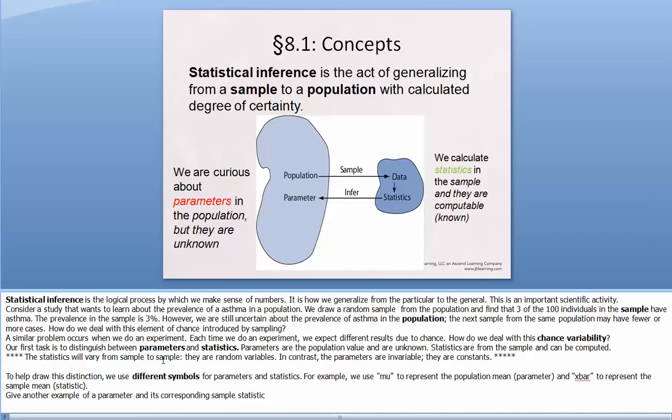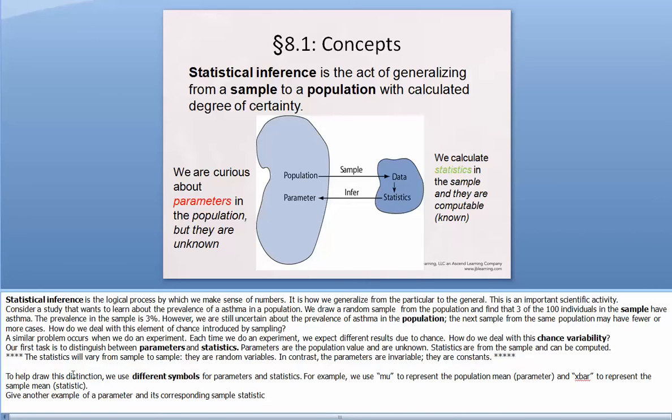Just think a little bit: 3% prevalence from one sample, 4% from another sample, 1% from the third sample. So the values will vary from sample to sample. They are random variables. The statistics that you get from samples are random variables because they vary, even the prevalence. In contrast, the parameters are invariable. They are constants. The actual population prevalence is a constant, which we do not know, but it does not vary, okay?